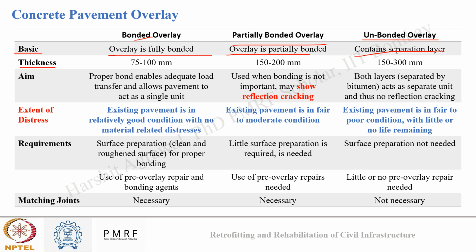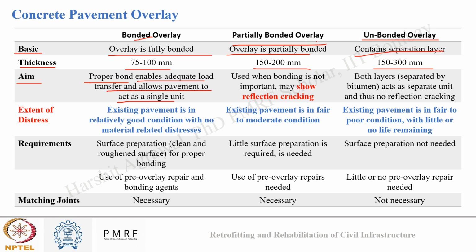In terms of thickness, it is 75 to 100 mm thick for the first, 150 to 200 mm thick for the second, and 150 to 300 mm thick for the third. The aim of bonded overlay is to have a proper bond which enables adequate load transfer and allows the pavement to act as a single unit.